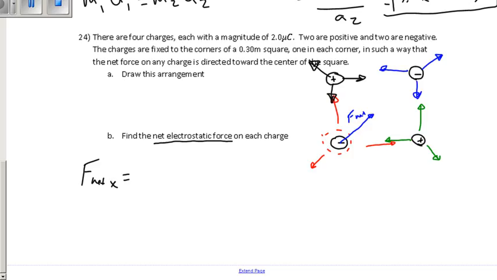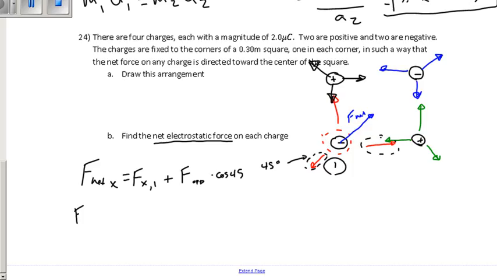going to be, for instance, on this charge right here, the force from here subtracting the x direction component of there. Now the nice thing is, this goes at an angle of 45 degrees, so we can just simply add in the force in the x direction from the one corner plus the force from the opposite corner times the cosine of 45.